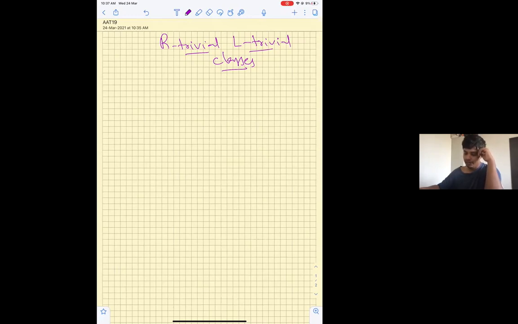Okay. So let me come to today's topic, which is R-trivial and L-trivial classes. We already saw that Schützenberger's theorem gives a characterization of languages recognized by H-trivial semigroups. Now let's look at what is R-trivial and what is L-trivial.